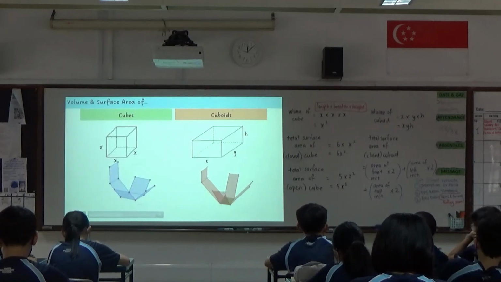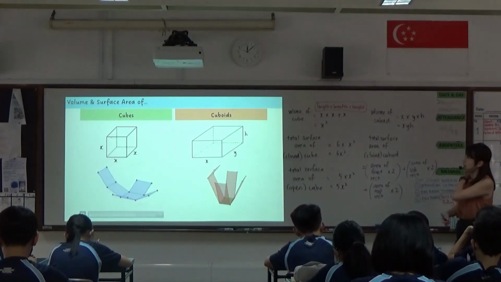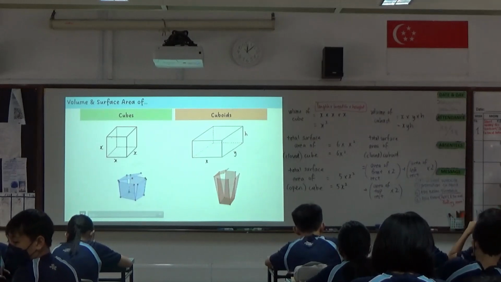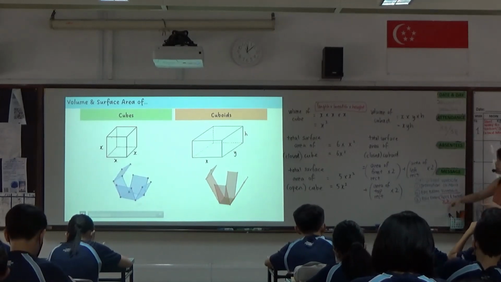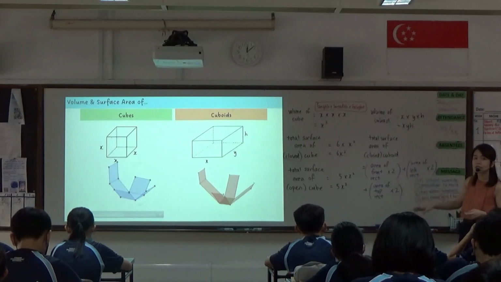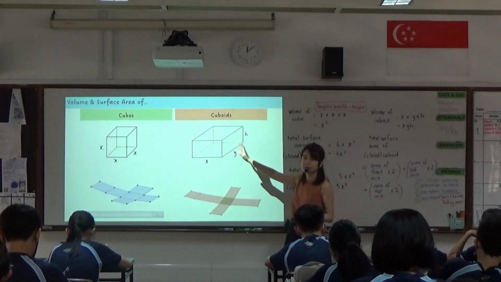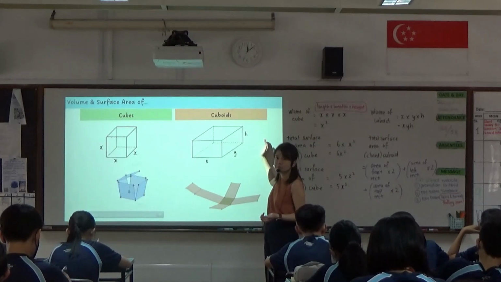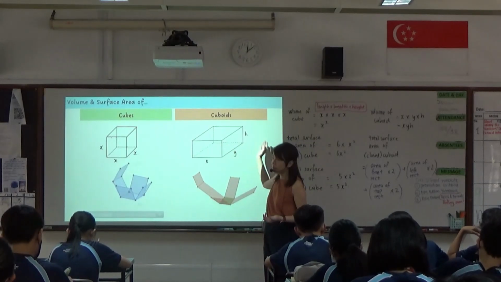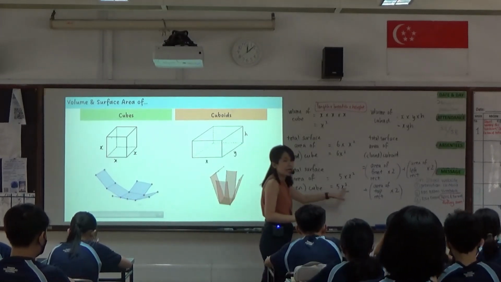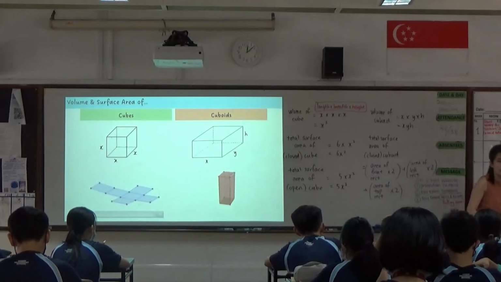So that is essentially how we went about learning our volume of cube and cuboid as well as surface area of cube and cuboid. There is no generic idea when it comes to an open cuboid because it really depends on which side is open. It can be the left and right sides that are open, front and back, or top and bottom. So there is no generic idea for an open cuboid.